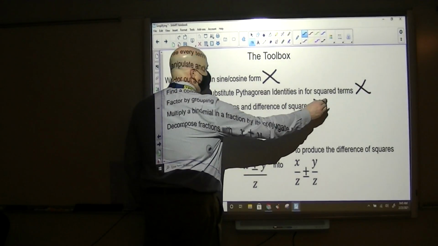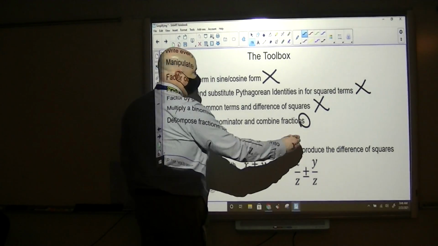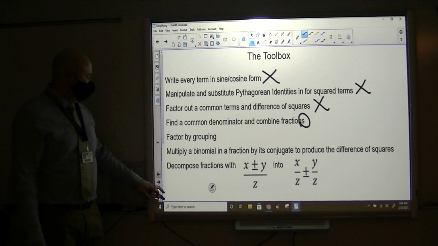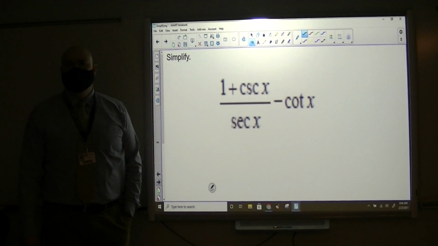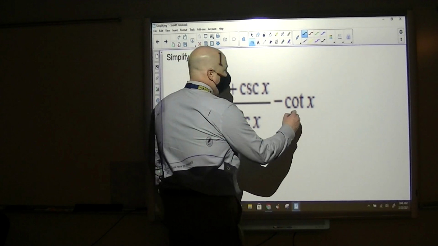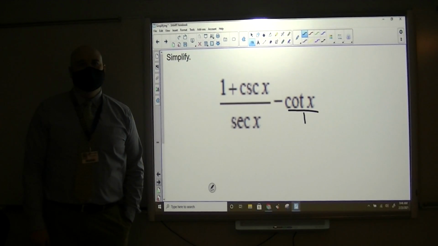Not going to factor. This says, find a common denominator and combine fractions. Now, let's talk about this one. I have one fraction here. I suppose I could do this and call that a fraction.